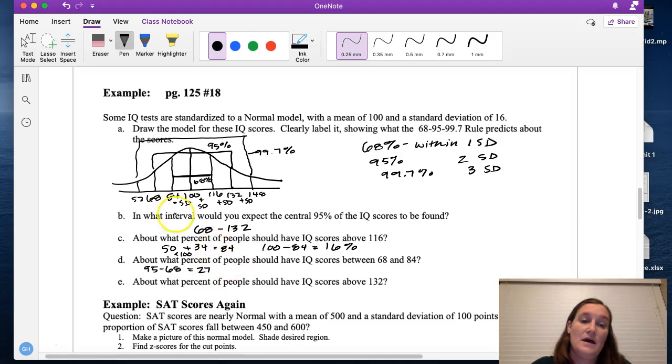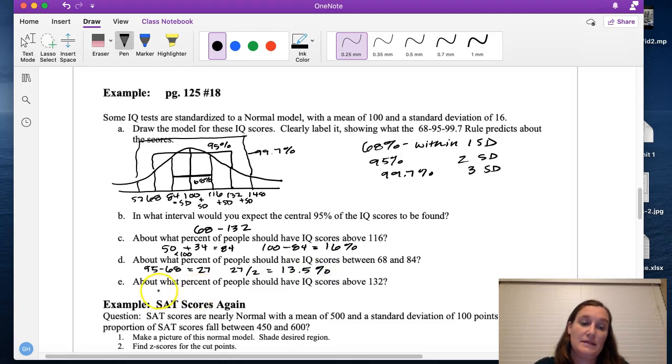That is what these little spaces are. Both of these spaces, between 116 and 132 and between 68 and 84, together are 27. So we divide that in half, because they should be mirror images. That is 13.5%.